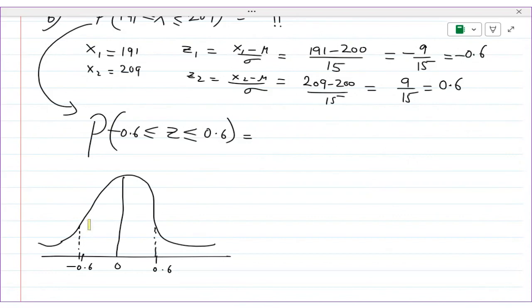Because the normal distribution is symmetric about the center 0, whatever we have between 0 and 0.6, the same will be there between minus 0.6 and 0. So we can do 2 times the probability that z is between 0 and 0.6.